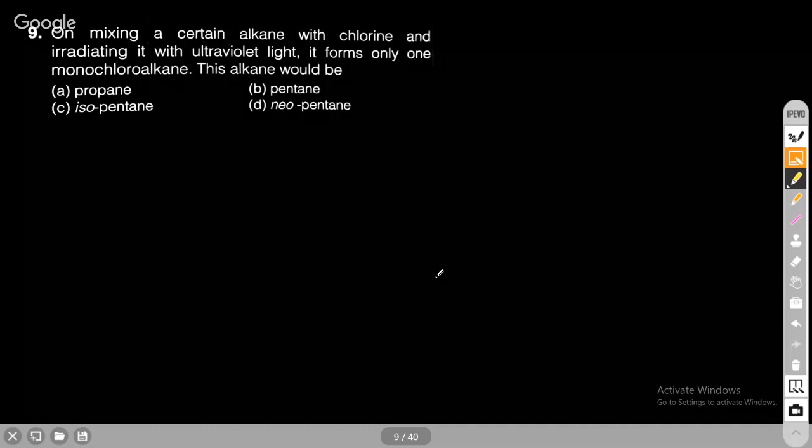Neopentane, correct? Neopentane is this. You see, all carbon positions are equivalent, right? 1, 2, 3, and 4. We have equivalent carbon positions, okay? That's why we'll get only one monochlorinated product here. Answer is option D. Just a second. Okay, you understood this, no? Next question you see.